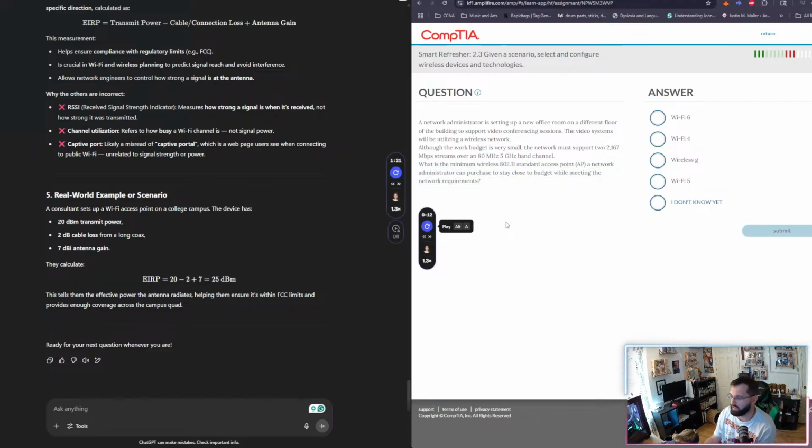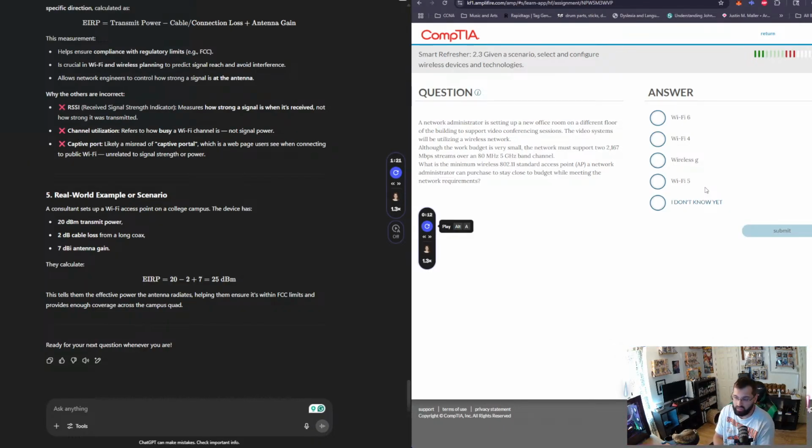Okay, so this one's tricky. It's definitely not Wi-Fi 4 or wireless G because those are old. As of right now in 2025, Wi-Fi 5 is kind of getting phased out, and Wi-Fi 6 is more or less the new standard. I would say it's probably 80% there.